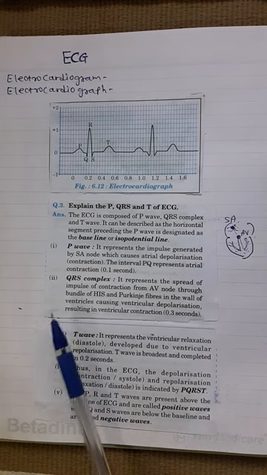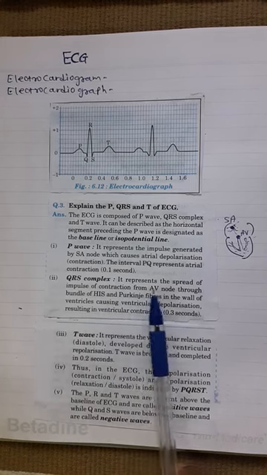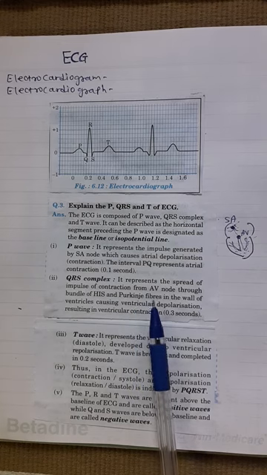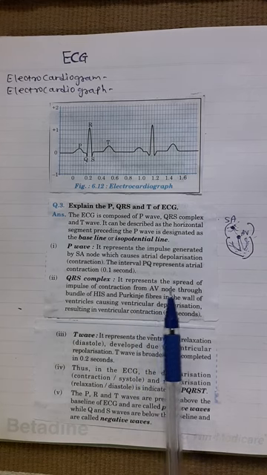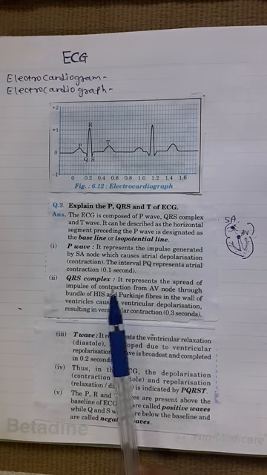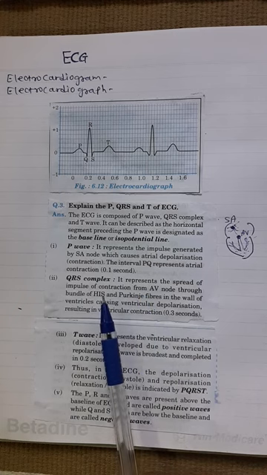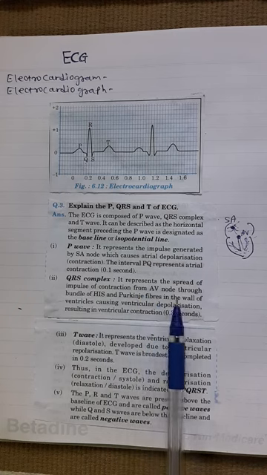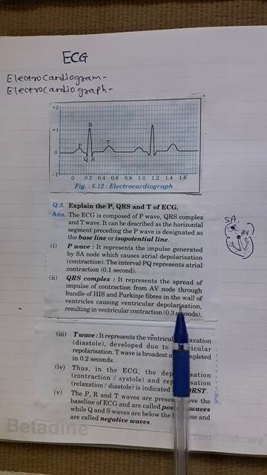Now next is the QRS complex. QRS complex represents the spread of impulse of contraction from the AV node through the bundle of His and Purkinje fibers in the wall of the ventricle, causing ventricular depolarization.